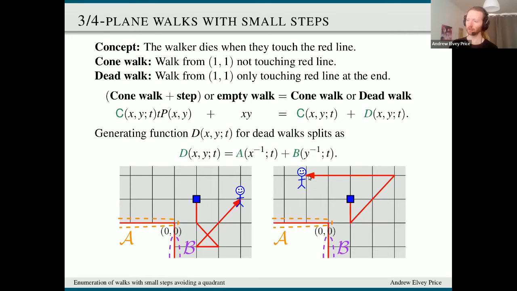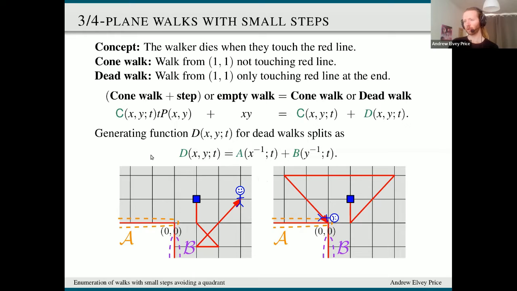The concept being that if our walker accidentally walks into the boundary, he instantly dies. And so dead walks will be walks where our walker has died, so they touch the boundary only at their final step.